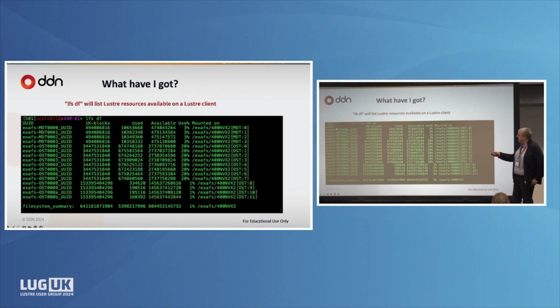You see down here your metadata targets. These will probably consume less. This is typical because metadata targets only need to store, in the basic form, an inode related to where my file is in my name path. So the usage is probably quite low on your metadata targets. This is quite common. Then we go through your OSTs.